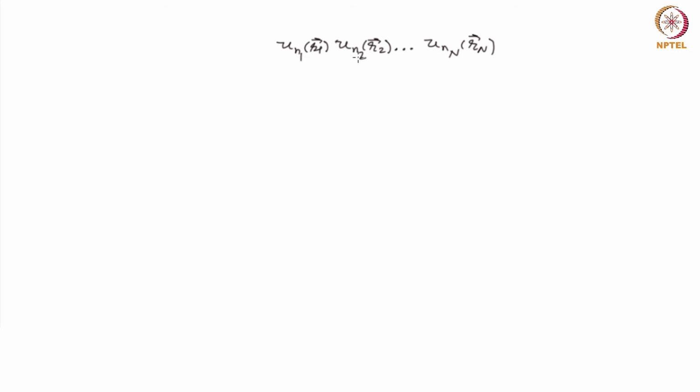Now I want to have another term in which you have u_n1(r2) and u_n2(r1). Here r1 is the coordinate which tells about particle number 1.